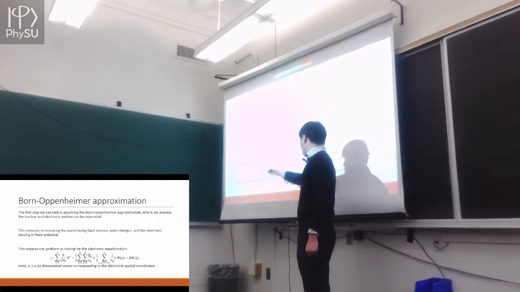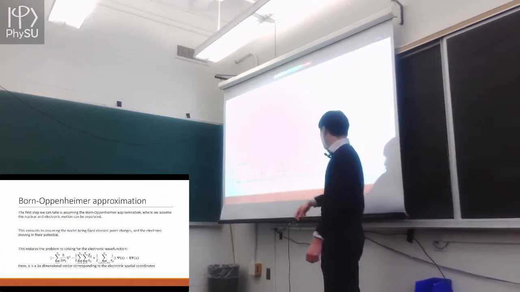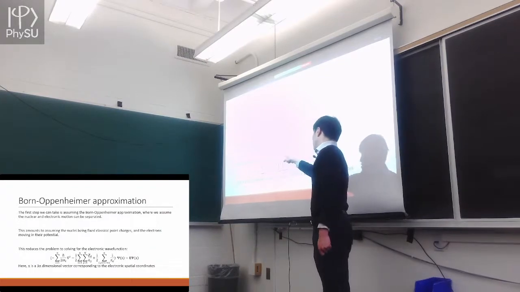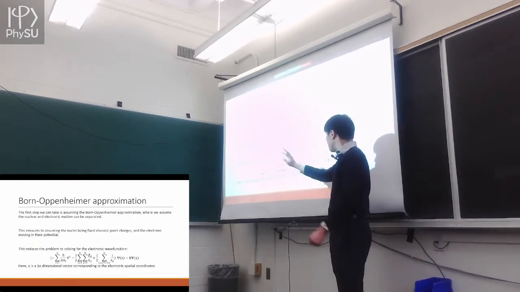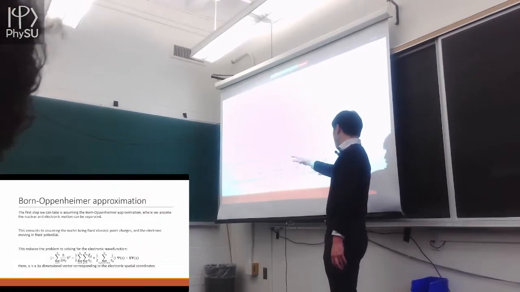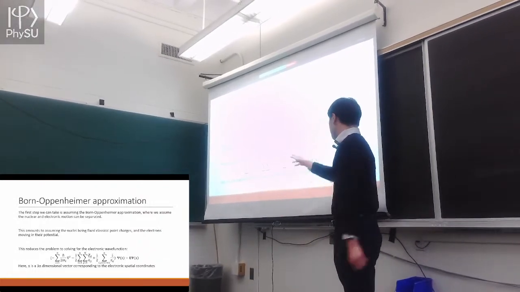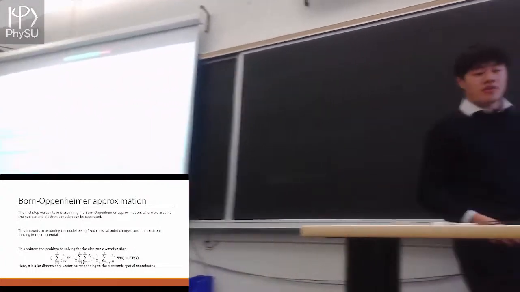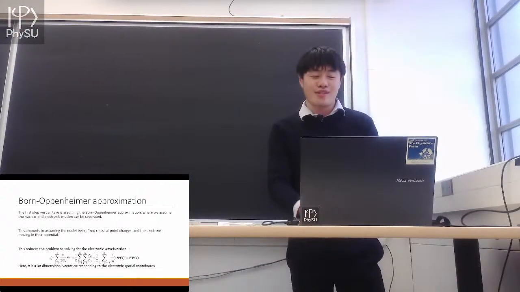All you have left is the kinetic energy of the electrons, the attraction between the electrons and the nuclei, and the electrostatic repulsion between the electrons. This is essentially the electronic Schrodinger equation.